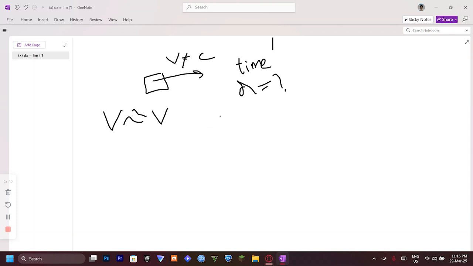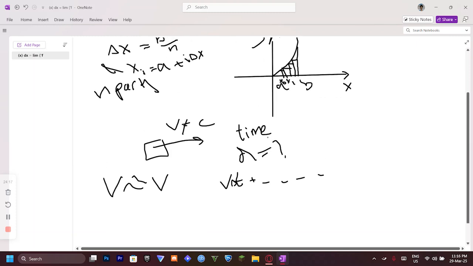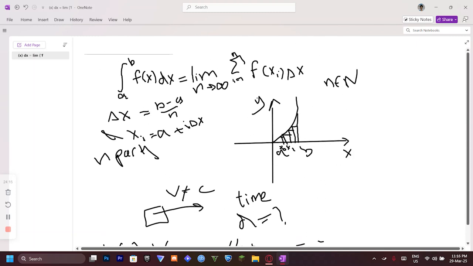Then take that v multiplied by the time for that segment, and keep adding that up. So you're adding v times delta t over time. What you're actually doing is integrating.